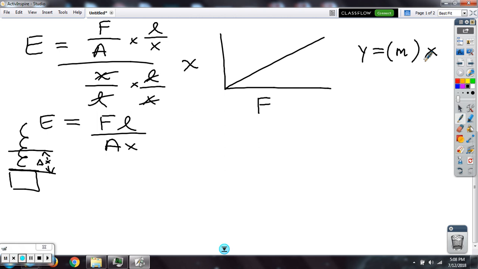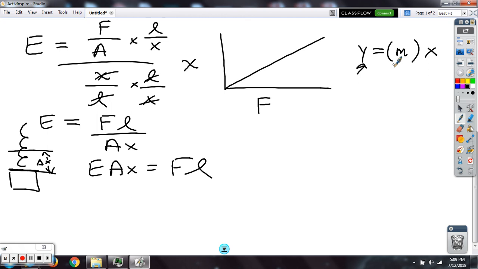So, for instance, I could multiply both sides by AX. That satisfies what I just said, that I put X on one side and kept F on the other. But the issue is it's not in this form, because you want the dependent variable y to be by itself. X can be multiplied by a constant, and that constant would represent the slope.